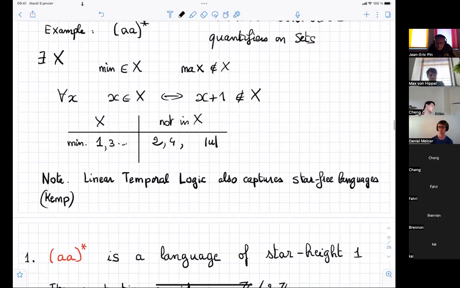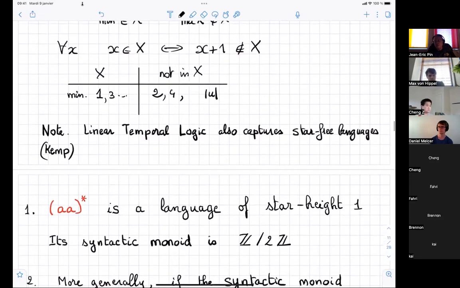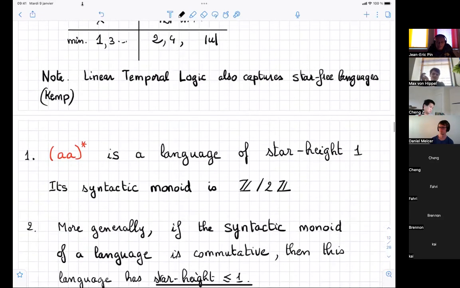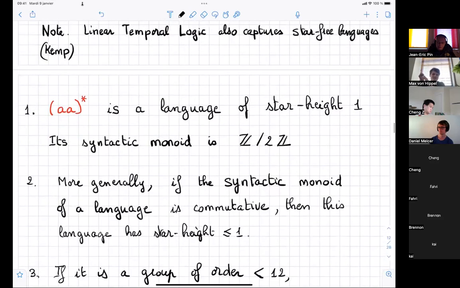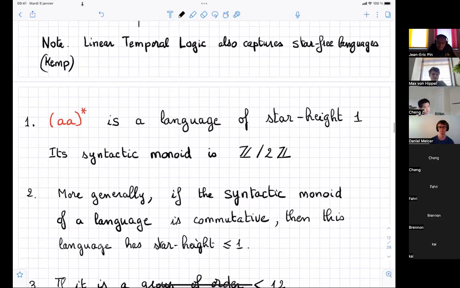So one other consequence is that A star is a language of star height 1, because it's not star-free, and obviously it is star height 1. And actually, we know a little bit more. For instance, it can be shown that if the syntactic monoid of a language is a commutative monoid, then the language has star height at most 1, just like in this case.